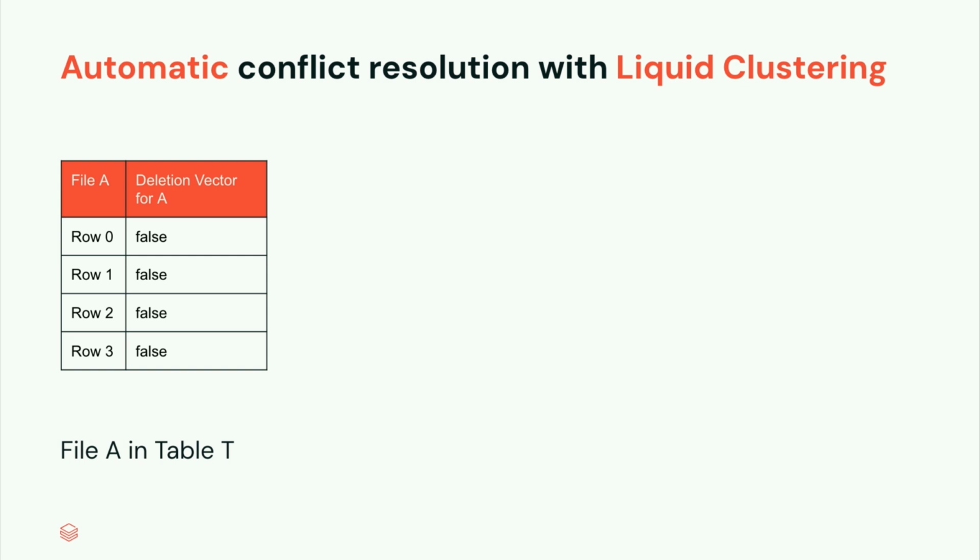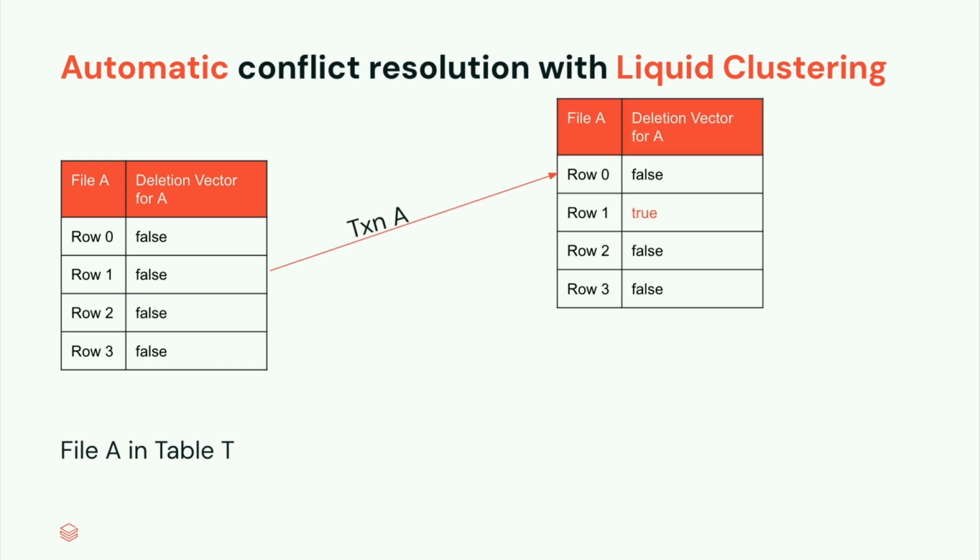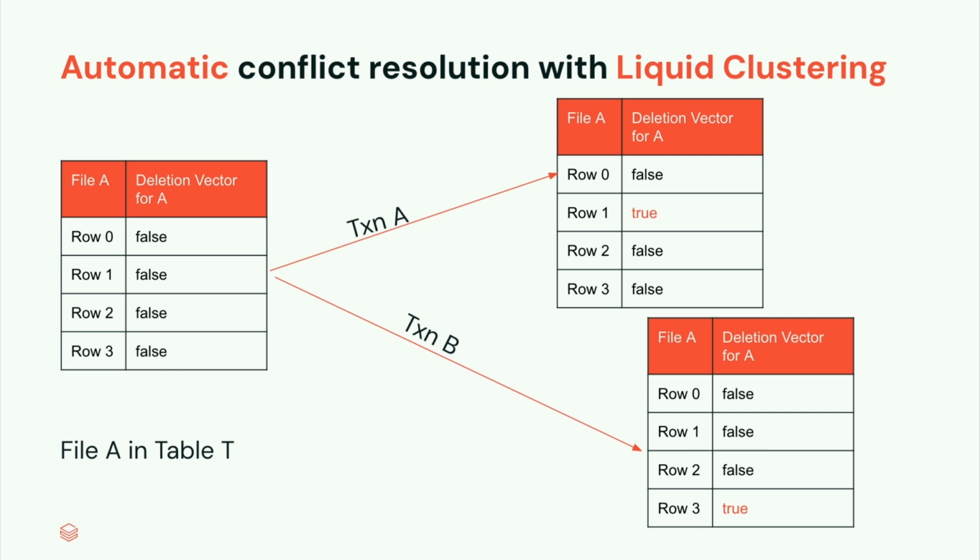So let's see how this actually works. Let's say I have file A with a deletion vector in table T. Now let's say I have transaction A that's going and deleting row 1. And at the same time, there's another transaction B that's going and deleting row 3. Let's say A started first, so A might commit first. The first transaction that commits never has any issues, right?